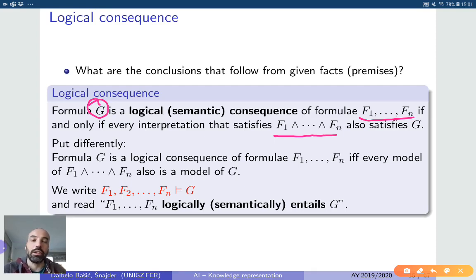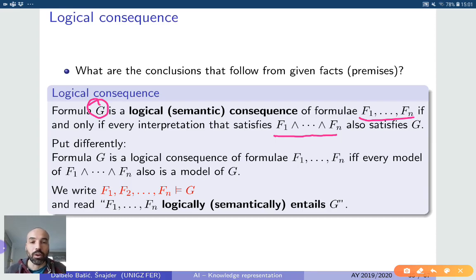Okay, so I need to have a situation where whenever my formulas f1 through fn are satisfied, which is to say are true, then G has to be true as well. And if this is the case for all interpretations, then I can say that G is the logical consequence of the set of formulas f1 through fn.